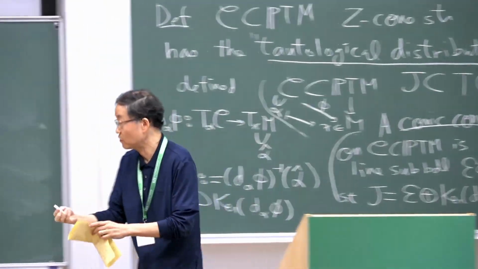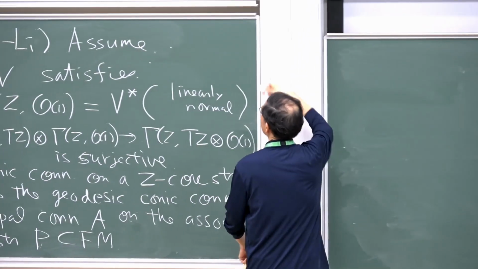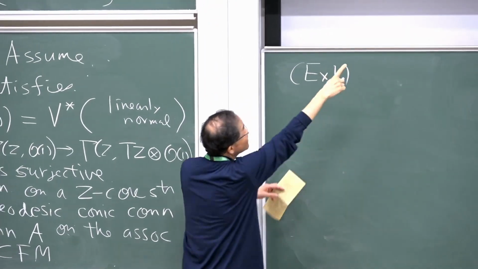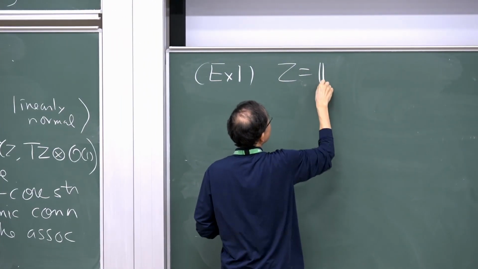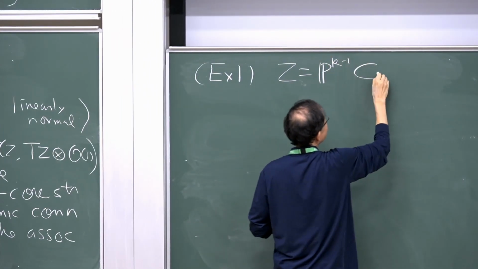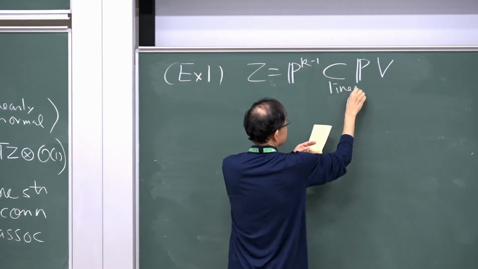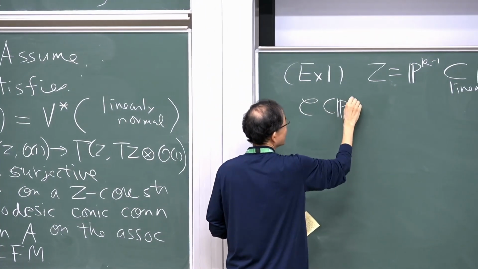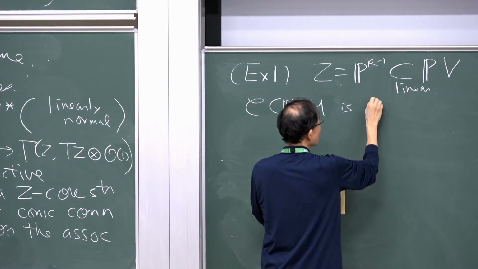Right. Now, what is the example? Let's look at some examples of characteristic connections. Then you can see why it's important. So, first example, as before, a linear subspace, so that this cone structure is a distribution of rank chain.